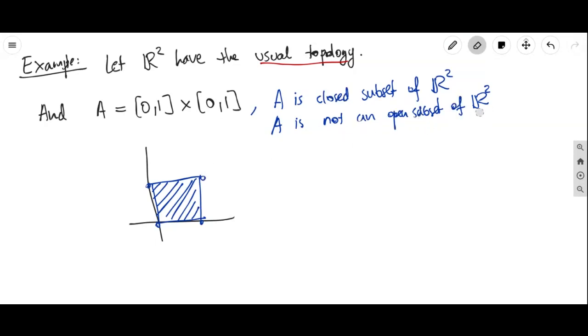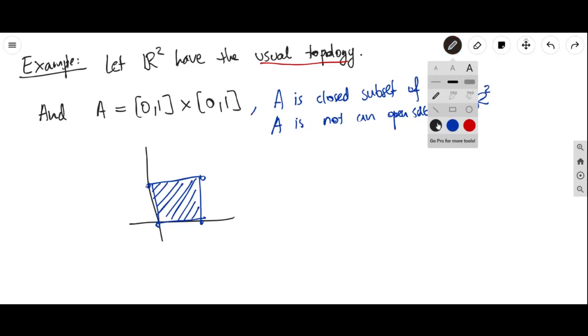But the fact that it's not an open subset should be clear, because the definition of an open subset is that if you pick a point, let's say you pick this corner point, can you fit a disk centered at that corner point? Well, you can see that no matter how small you make that radius, you can never make the disk completely fit inside this set A. So A is therefore not an open set.